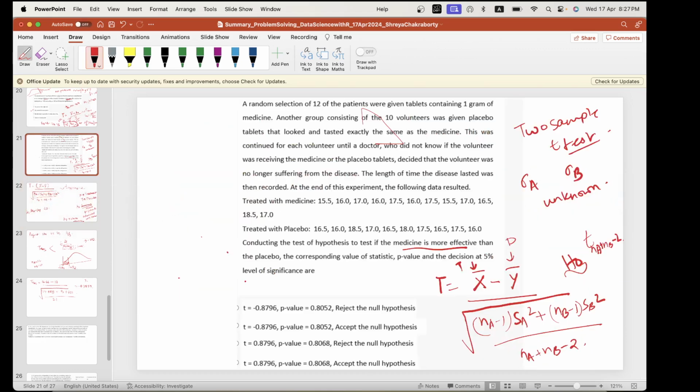Let us look at this. If the medicine is more effective than the placebo, I think there is some problem, because if the medicine is effective, then the length of time the disease lasts should be less, no?